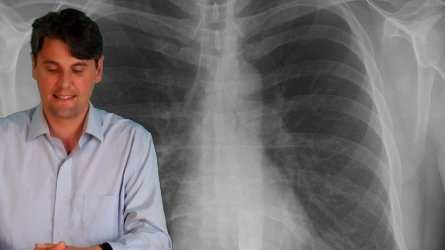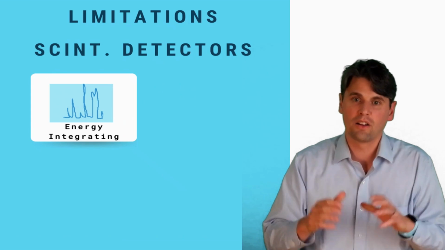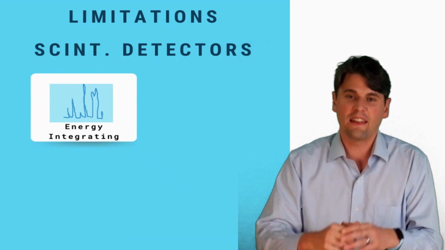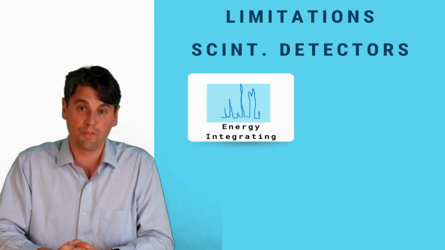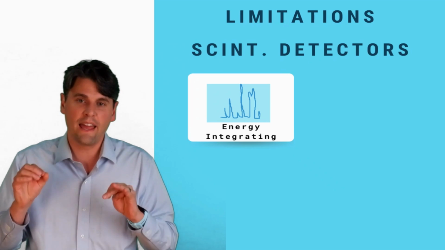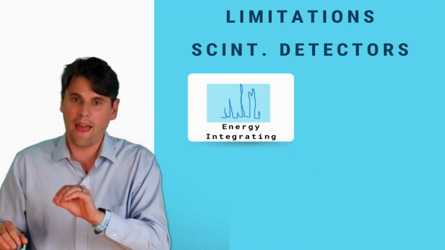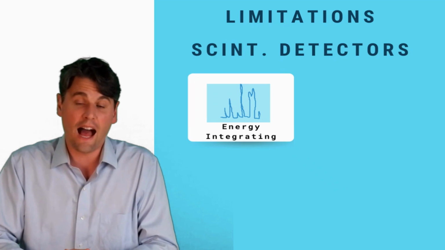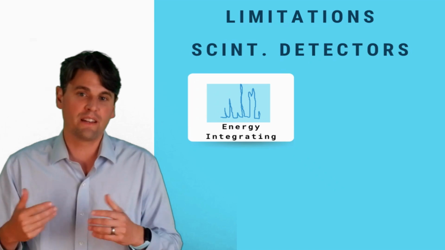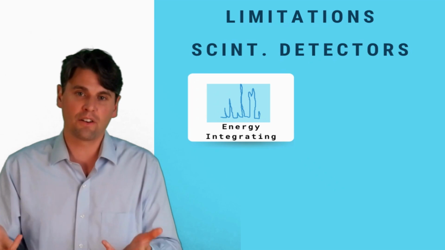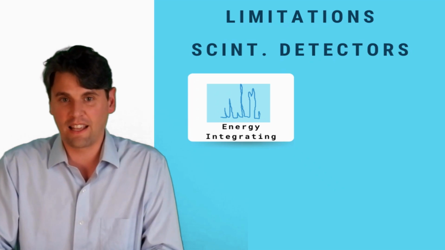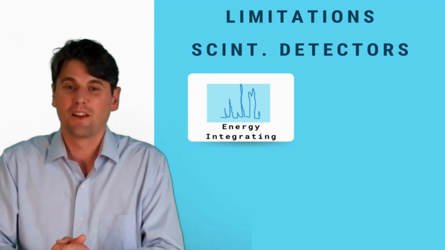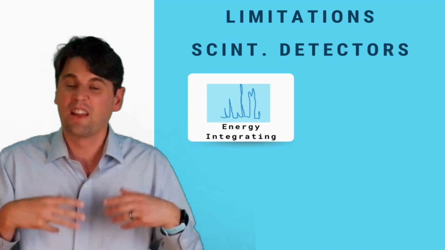Some limitations of our scintillation-based detectors: number one, like we talked about, they are energy integrating. The X-rays are converted to photons, and then that's read out, and there's no way to actually give the different energies different weights. The higher energy X-rays are actually going to get more weight, because higher energy X-rays are going to generate more visible photons, and thus they're going to get a higher weighting when you add them up. It's not that we're adding up in a computer, they're being added up as all the light gets generated.